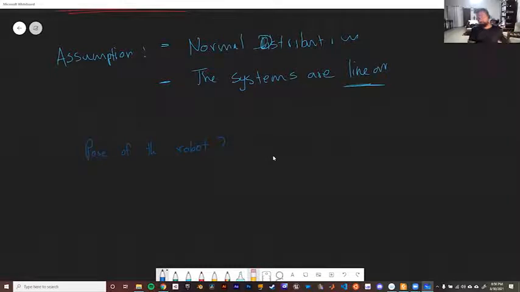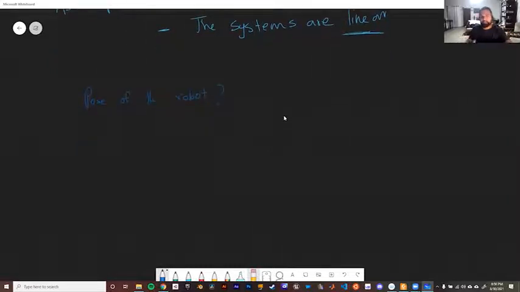Okay, so let's take a simple example of a 1D robot. Okay, and I'm going to go through the Kalman filter algorithm through this 1D robot and show you how everything is done, right? Actually, first I'll give you guys the algorithm, right? So it might not make much sense, right?